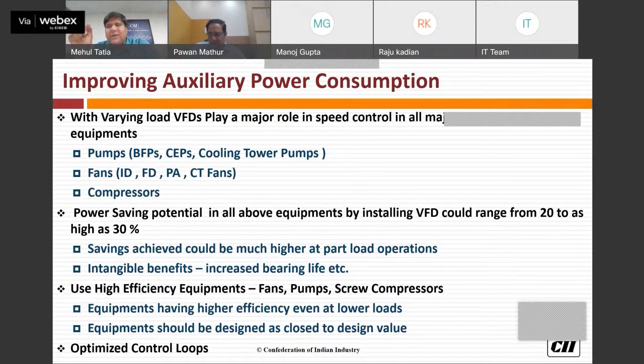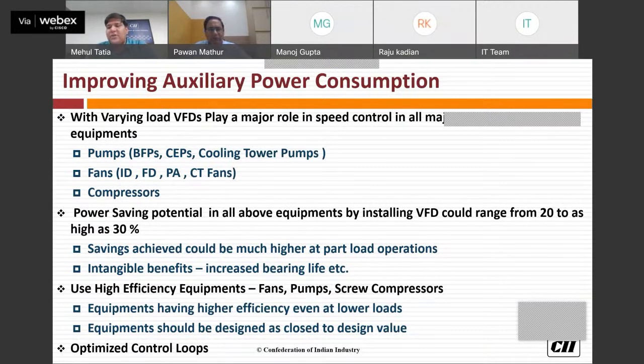So a BFP discharge command of, let's say, 125 kgs or 120 kgs will be given to the BFP. But a better idea is to give a DP command instead: the difference between drum pressure and the BFP discharge pressure. You can give it as 8 to 5 kgs. I have seen in some plants even as low as 5 kgs. That is a better way of doing things.